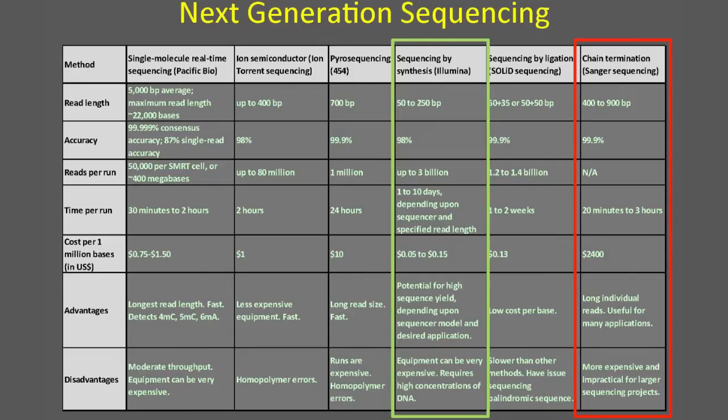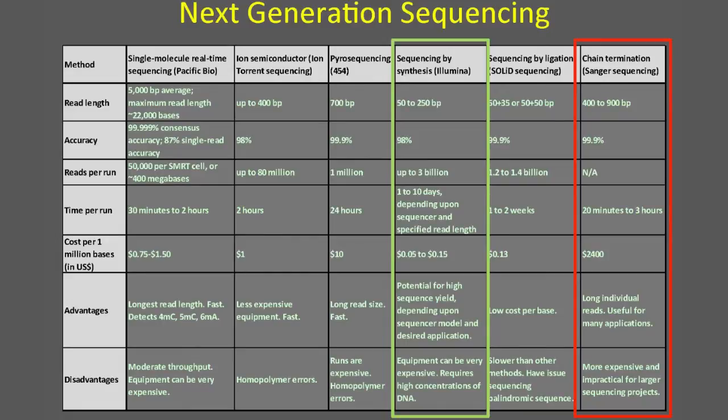Now, if we look at one of the next generation sequencing methods that is really frequently used, for instance for whole genome sequencing, which is the Illumina, you see that the DNA reads are typically a little bit shorter. They're 50 to 250 base pairs long. But if you look at the number of reads per run, it's up to 3 billion.